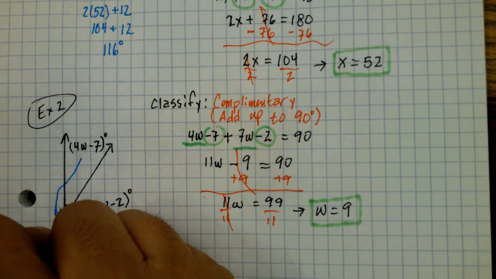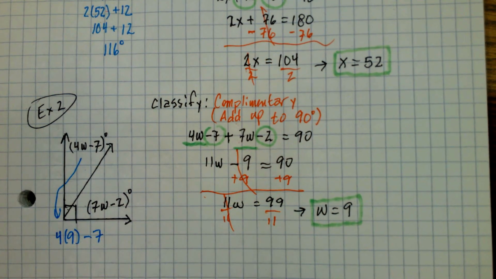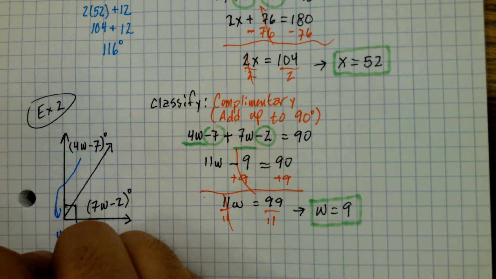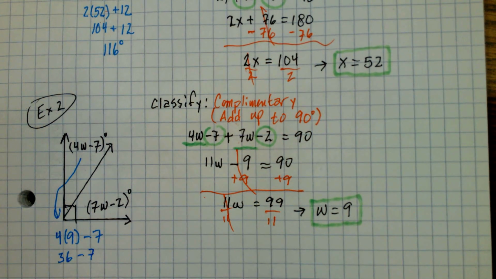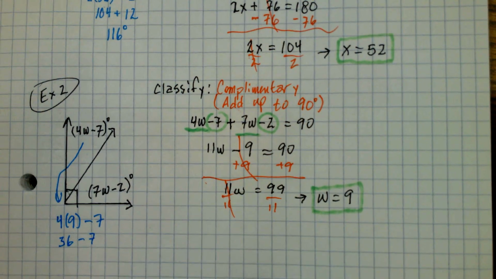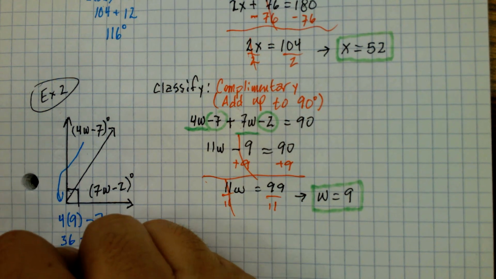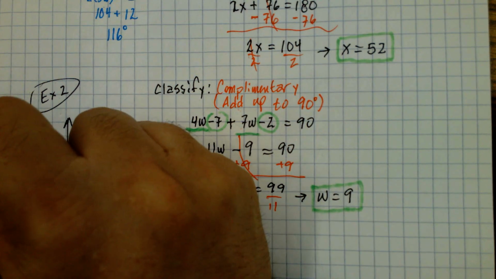So it's going to be 4 times 9, not w, then take away 7. So let's go ahead and do that. Turns out to be 36 minus 7. So that's going to be 29 degrees. So we now know this is 29 degrees.